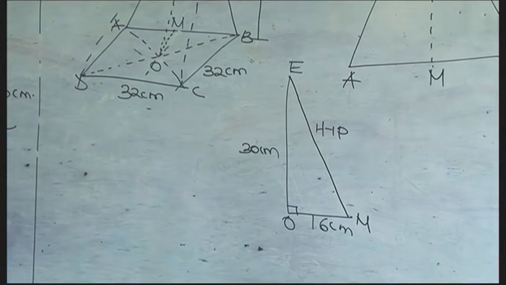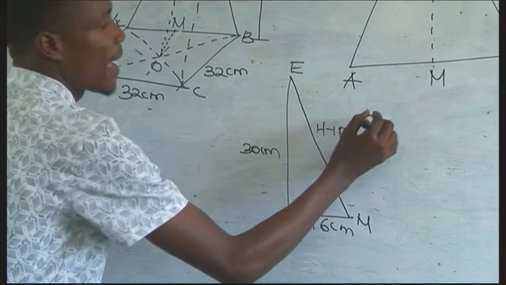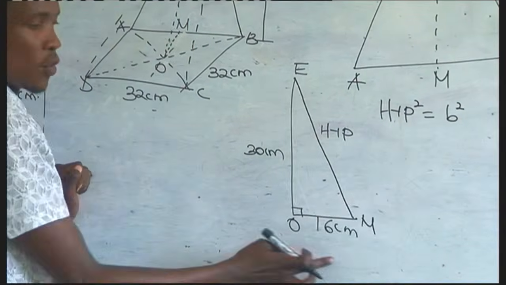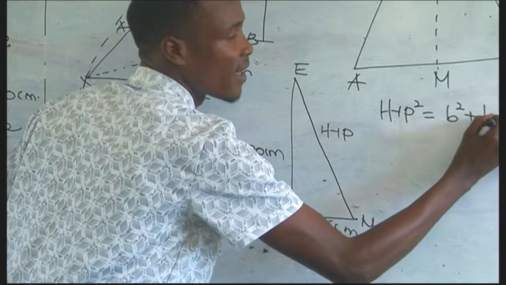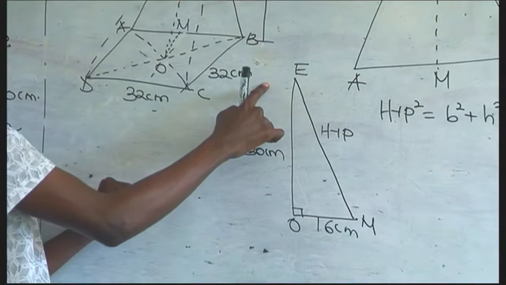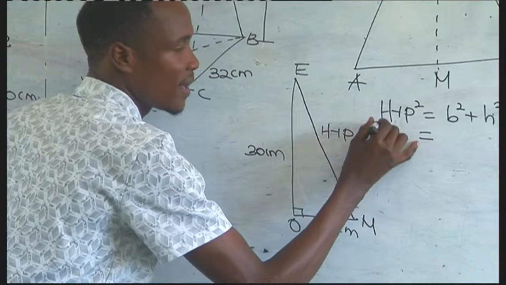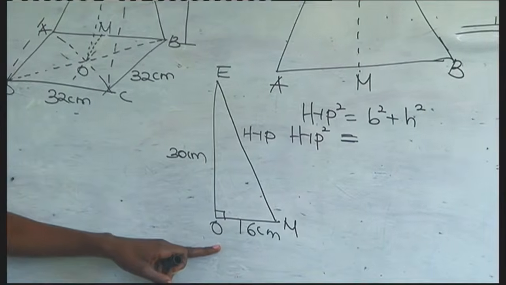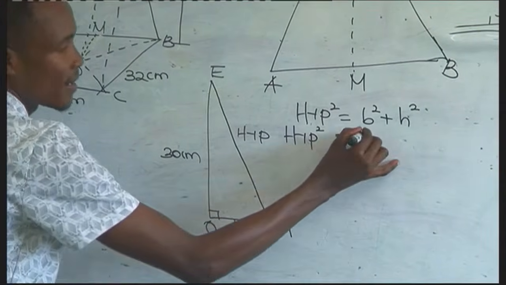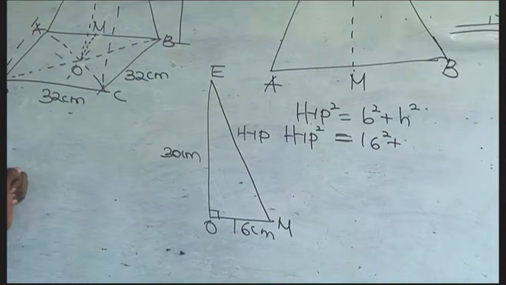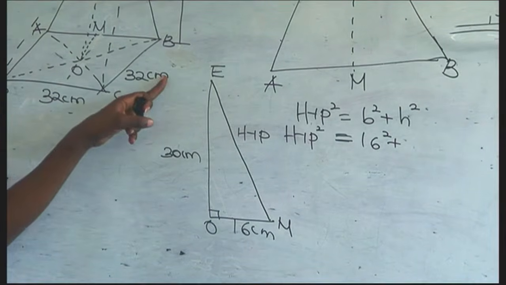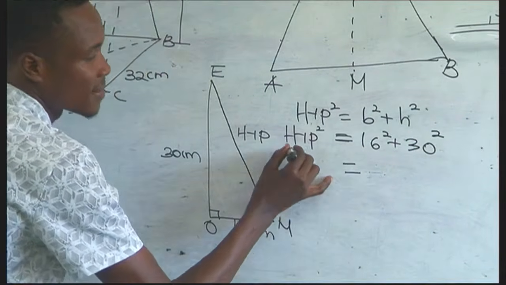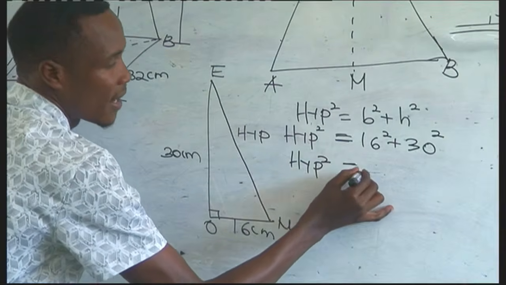By Pythagoras, we say hypotenuse squared is the base squared, which is OM, plus the height squared, which is OE. That will give us hypotenuse squared as the base, which we have seen as OM is 16 squared, plus our height, which is the perpendicular height given, 30 squared.